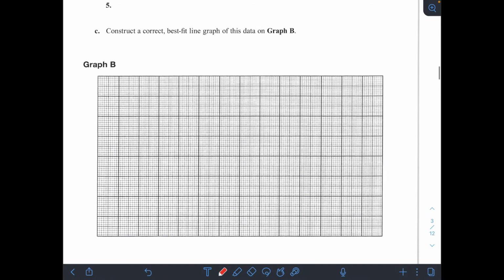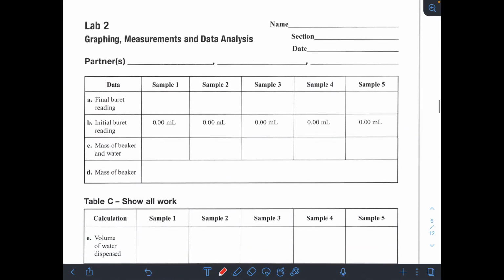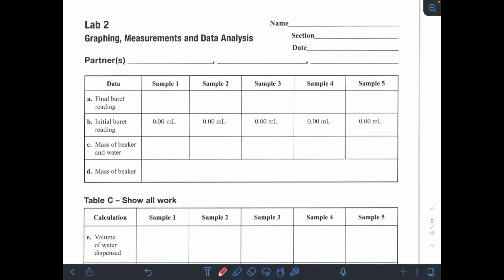All right, so again, we're going to take that data and correct the graph. All right, make sure yours has a title, axis labels with units, make sure it has tick marks, all that good stuff, okay? So continuing on, part B here, this normally would be done in the lab.